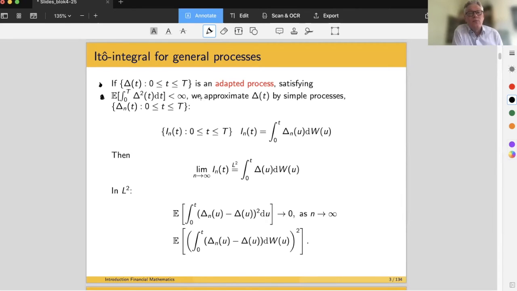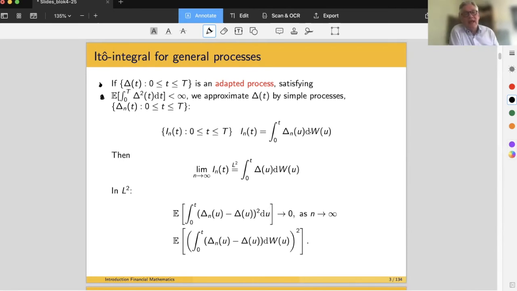Then we approximate Delta by simple processes, call them Delta_n(t), t running from 0 to capital T, and I_n is defined as follows. So I_n(t) is the integral from 0 to t of Delta_n(u) dW_u.